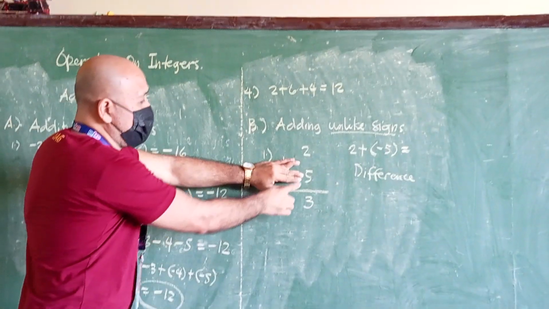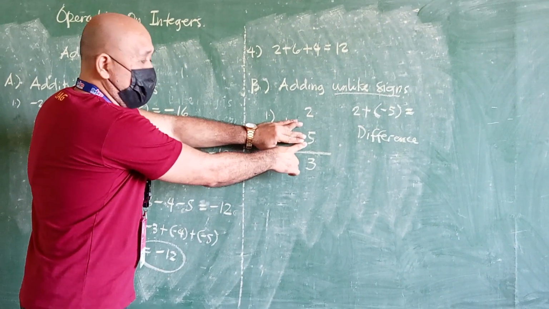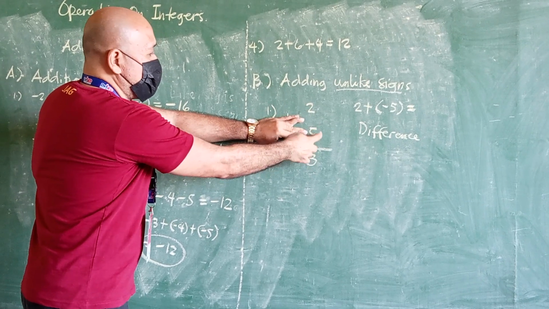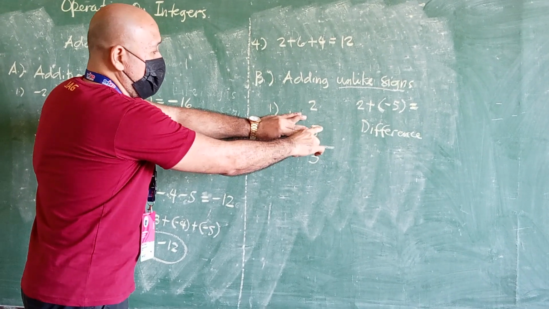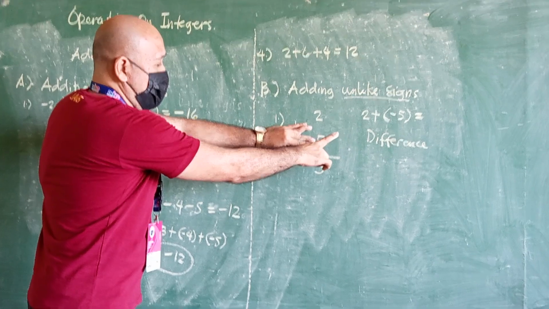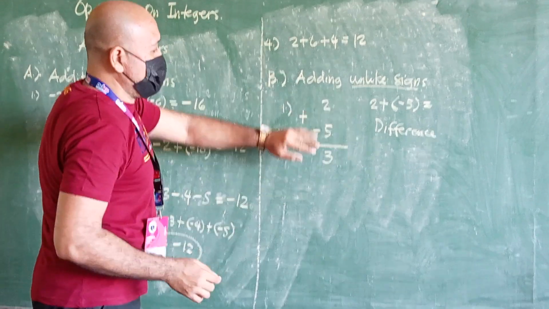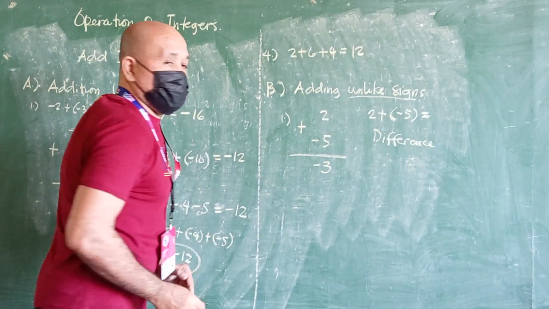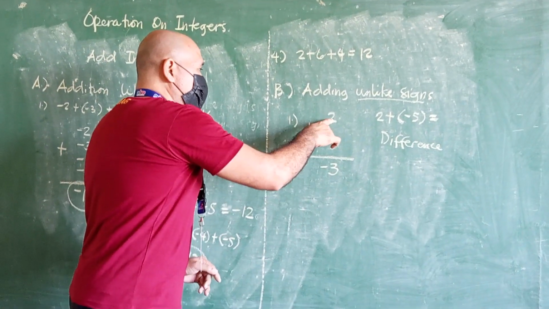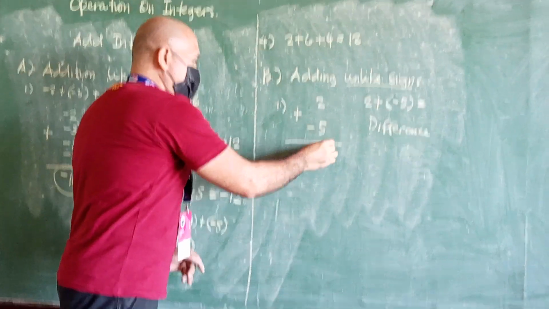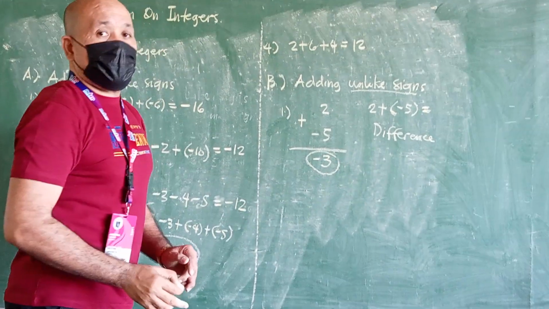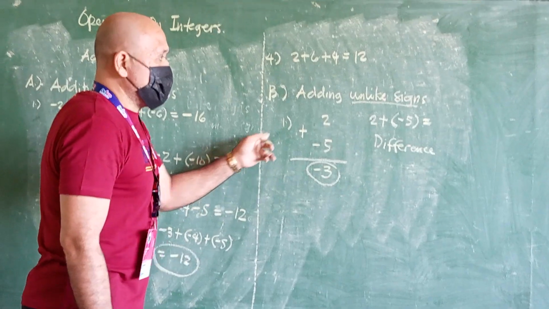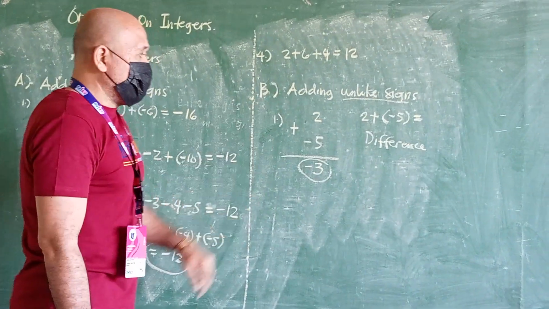Which has the bigger value? You compare 2 and 5, so 5 has the bigger absolute value. Look for its original sign, it is negative, so you use the negative sign. Therefore, positive 2 plus negative 5, the answer is negative 3. This is how you perform addition of unlike signs.